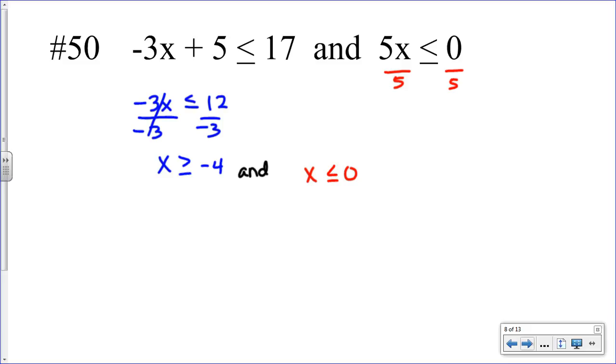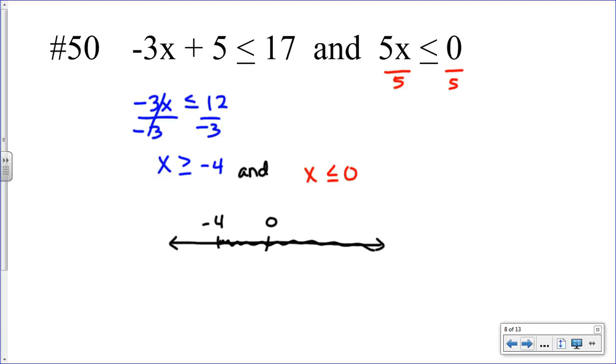All right, this time though in my graph, since I need and, I need where they overlap. I need both. I need it to be true for both. So when I'm going to graph this, I have my 0 and -4. Greater than or equal to -4 is this to the right.